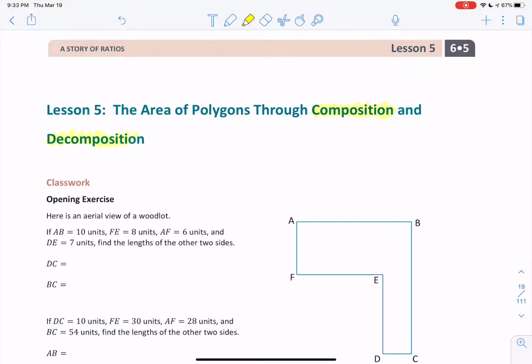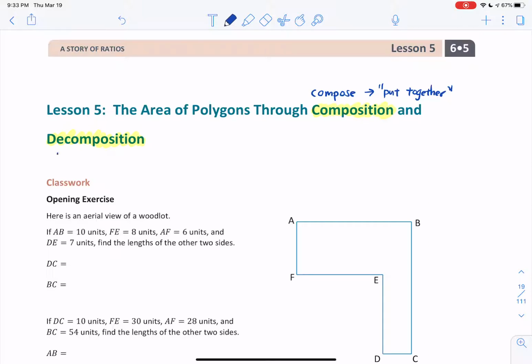Now, the word composition means that when you put things together, when you compose something. So to compose means to put together. And then you have the word decomposition, decompose.